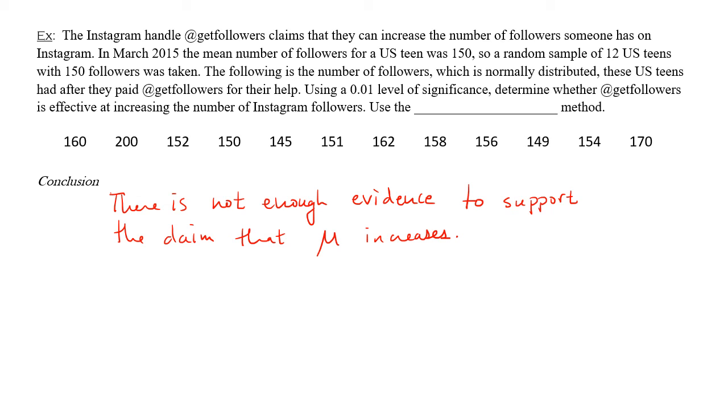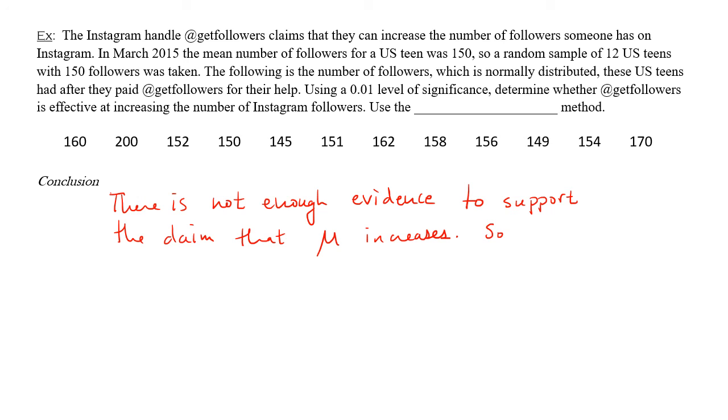In other words, it looks like it stays at about 150, or at least if I look at the values of this, it appears that actually some of them are bigger than 150, but a couple of them are actually smaller than 150. So in this case, we could suggest that maybe there isn't enough evidence to support the claim that mu increases, that the mean number of followers increases.